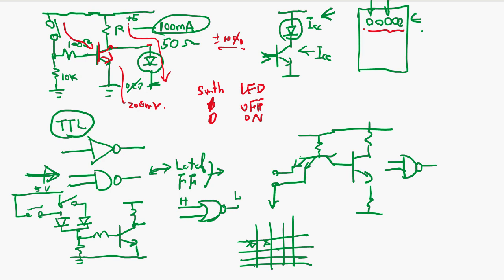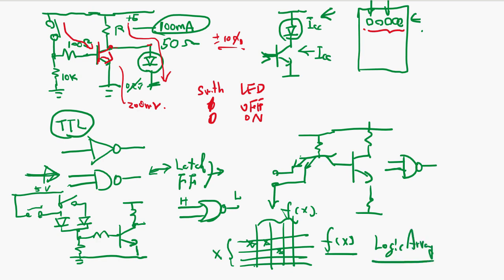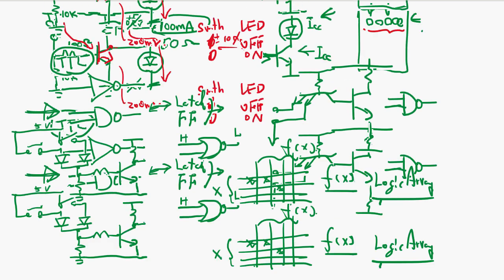Then we can make random logic. This is the output, X is this one, f(x). So a logic array. We can make a logic array using a bunch of diodes.